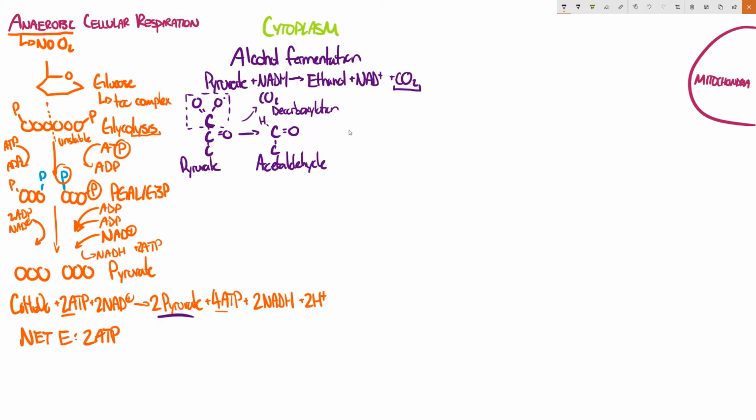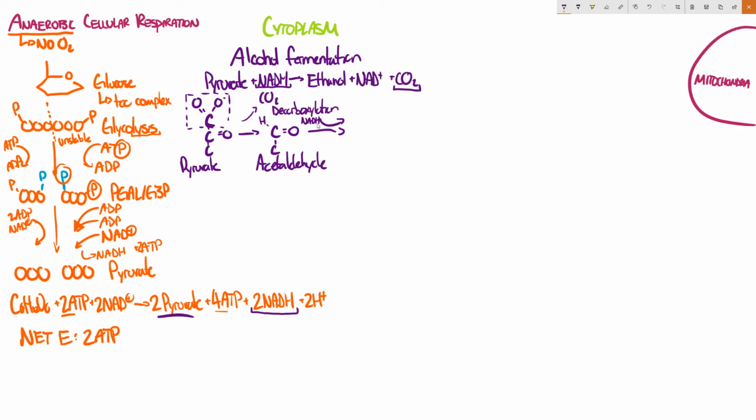Great, fantastic. We made a CO2, and now we required NADH for fermentation. Lucky, we just happened to make NADH during glycolysis. So we're going to have an NADH come in. NADH.